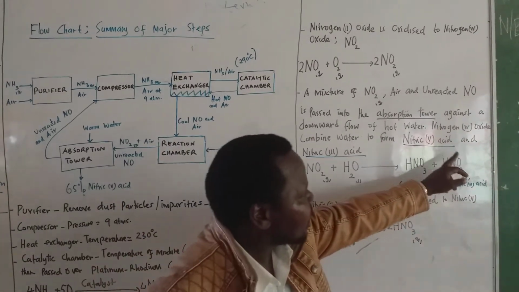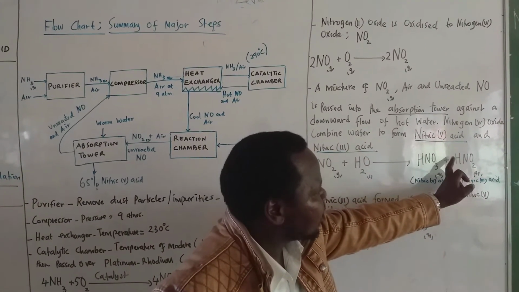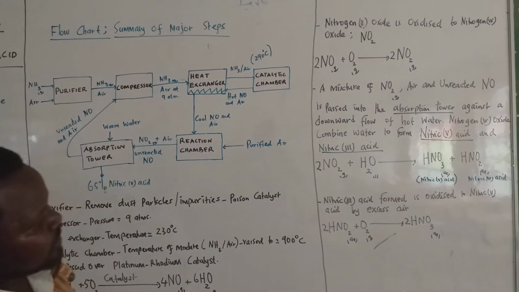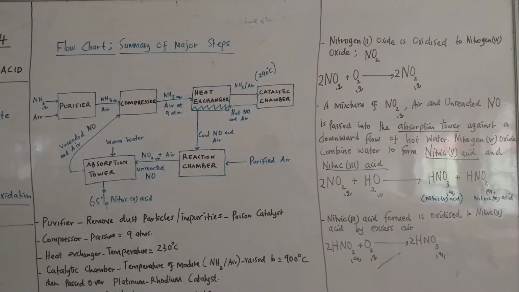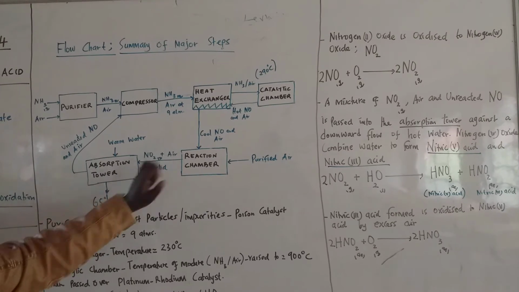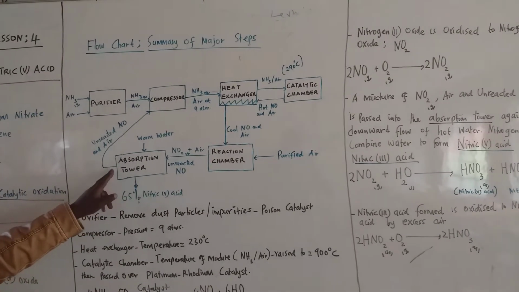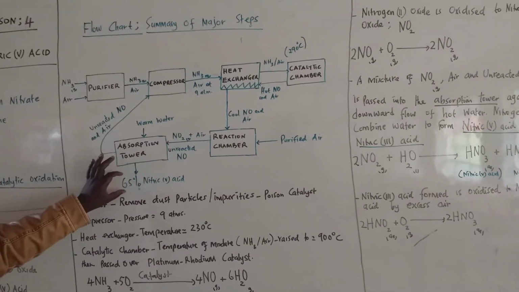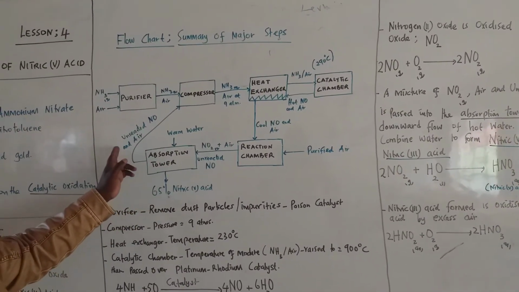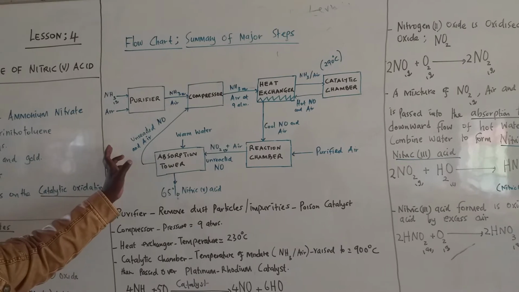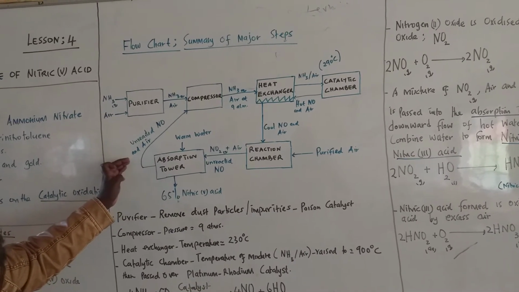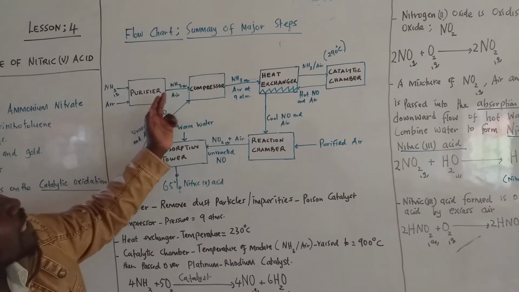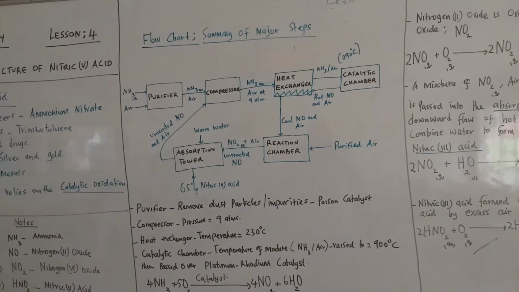This is not the actual acid that we want. It has to be oxidized to form nitric 5 acid by excess air, which is still there. Then from the absorption tower, you have your 65% nitric acid, and the unreacted nitrogen 2 oxide and also air is recycled back into the compressor, and the whole process takes place again.